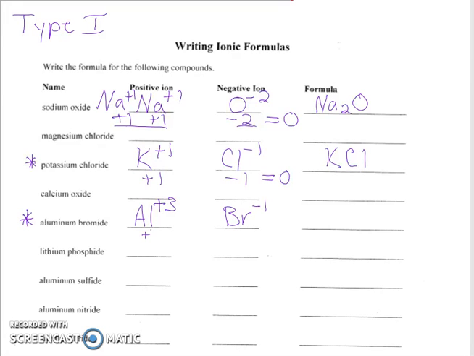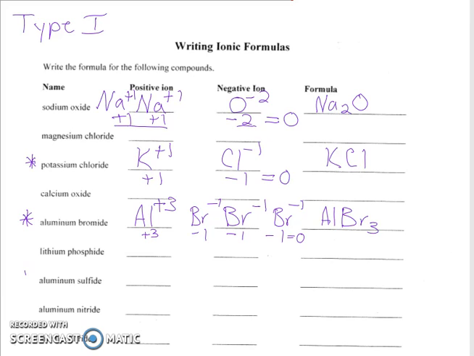So if aluminum is losing 3 and bromine is gaining 1, we need 2 more bromines for a total of -3 to go with this +3, so it equals 0. So when we write our formula, we have 1 aluminum and 3 bromines.